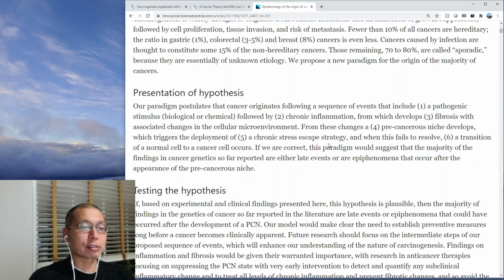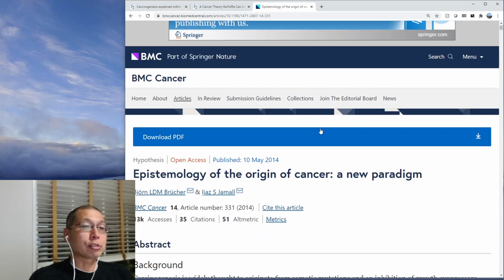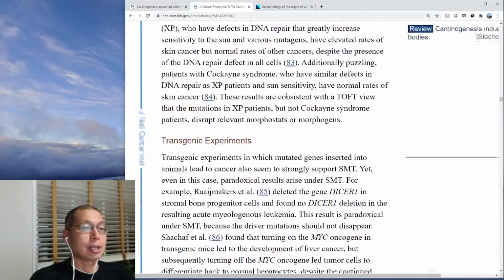So it's basically this chronic inflammation driving changes in the tissue that cause cancer, rather than a mutation in the genes. So anyways, I just thought that was a really interesting theory that I had not heard of before until I kind of ran into these papers a couple of years ago.